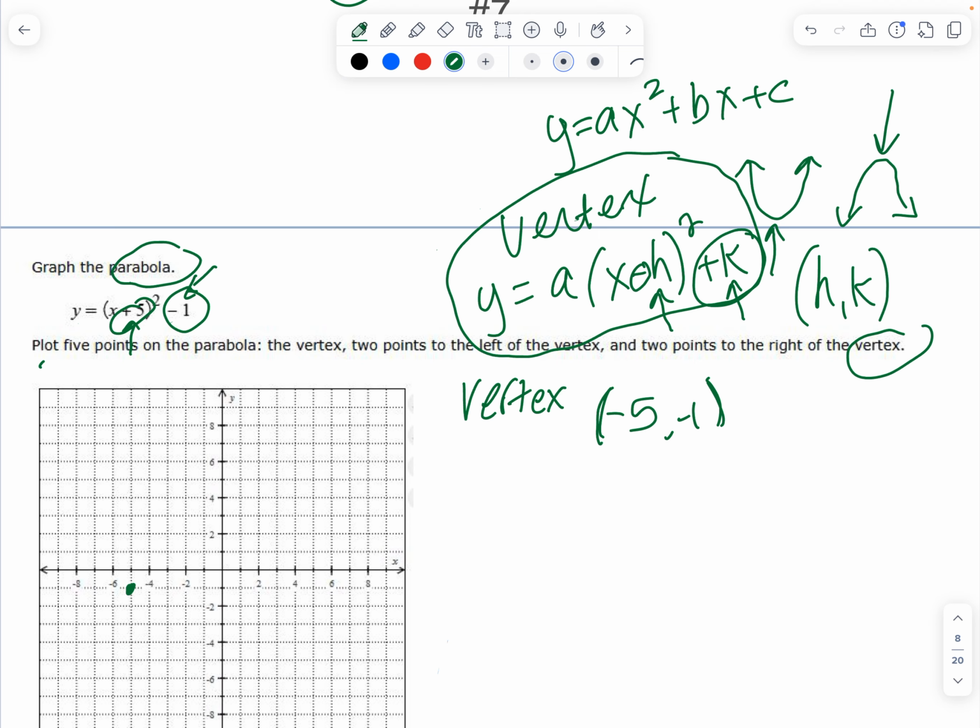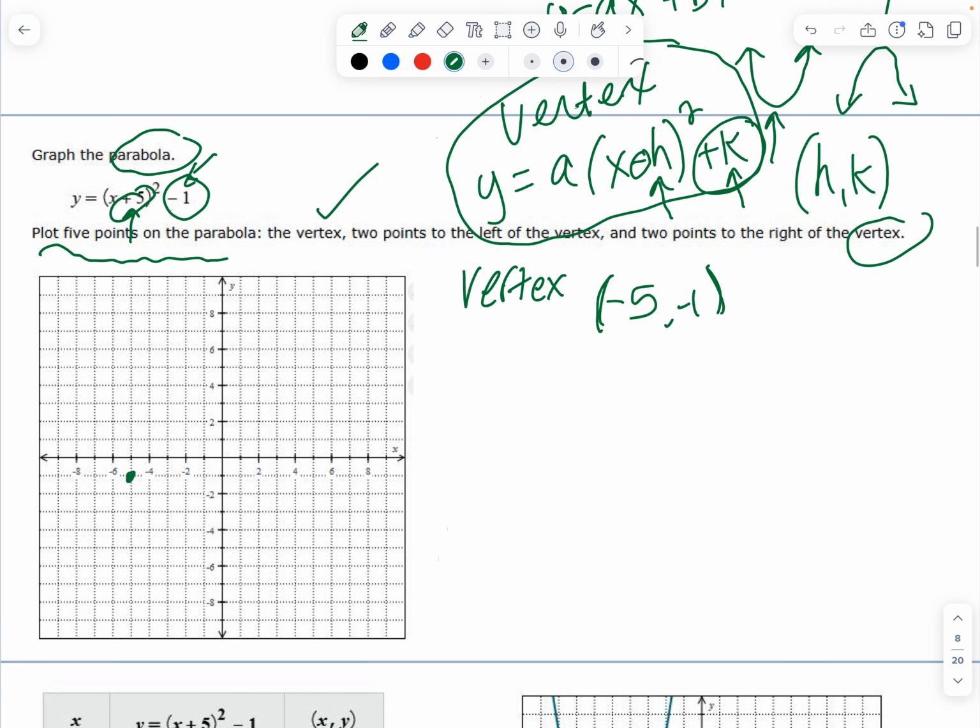Okay, so we're going to plot 5 points on the parabola: the vertex, which we did, 2 points to the left and 2 points to the right. So we're going to need to make a little T-chart here. Let's put the vertex in the middle because they want points to the left and points to the right. So the vertex is (-5, -1).